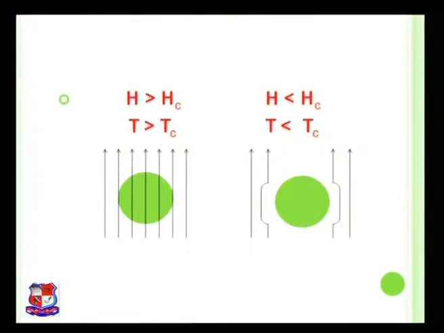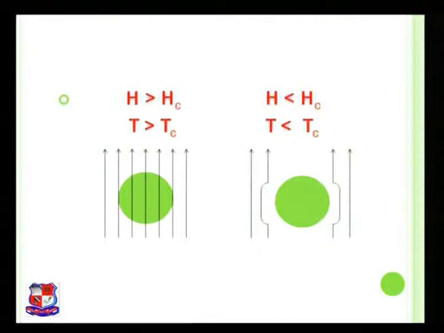Here in our next slide you can see two types of condition. In the first condition you can see that the arrows are passing through the circle. The circle is a material, and arrows are passing through that material. The conditions are that the field is greater than the critical field and the temperature is greater than the critical temperature.